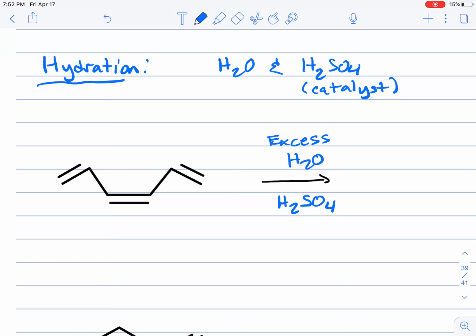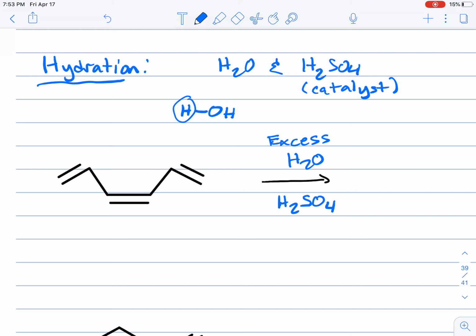Now if you have excess water and you're going to try to perform an addition reaction to this alkene, and therefore the process is known as hydration, what's going to happen is that this water that you're adding, so I'm representing water as H-OH, the hydrogen is going to go to the side of the double bond that has the most number of hydrogens, right?